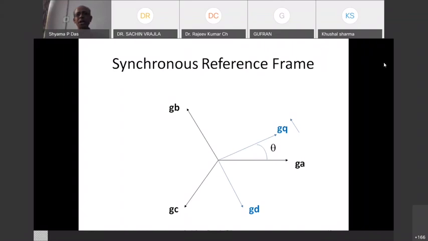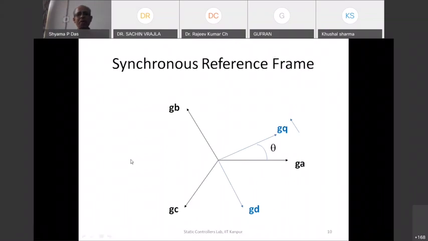So they are balanced. These are three well-defined axes, separated from each other by 120 degrees: B is away from phase A by 120, and C is away from phase B by 120. And grid D and grid Q are the rotating reference frame, rotating at a speed of angular frequency omega.